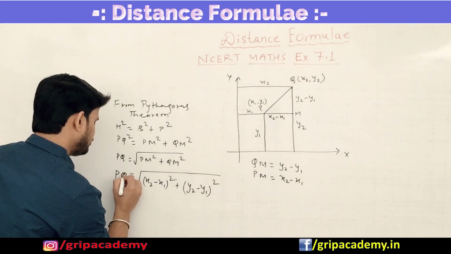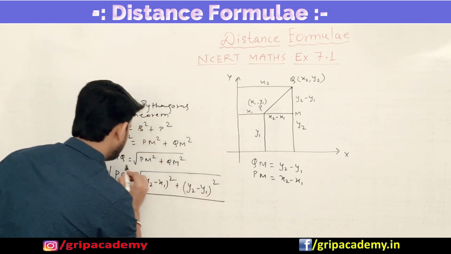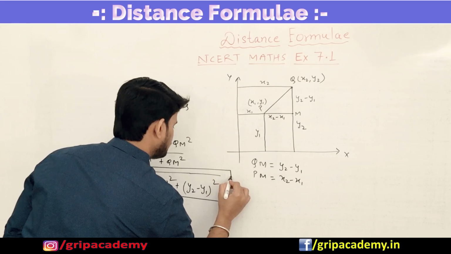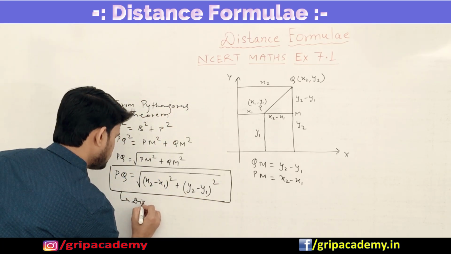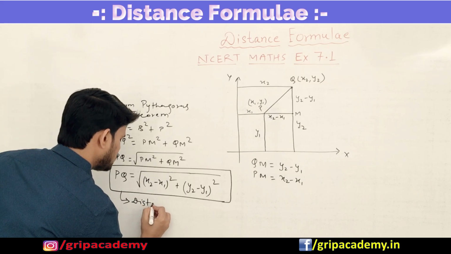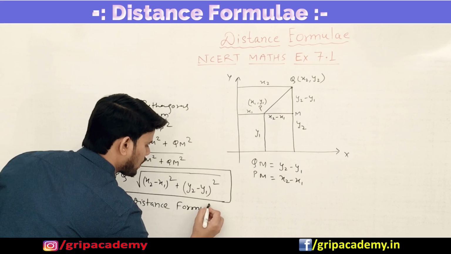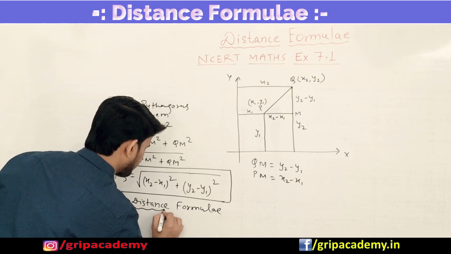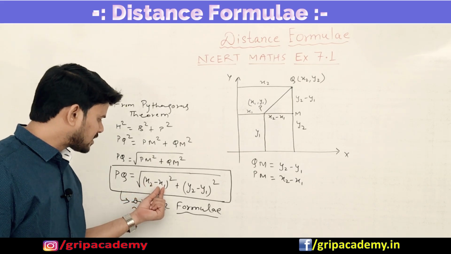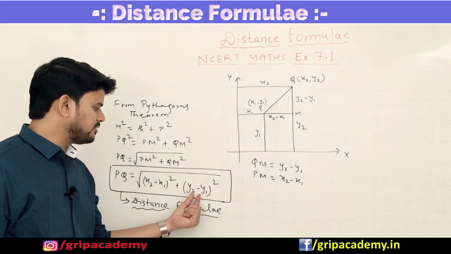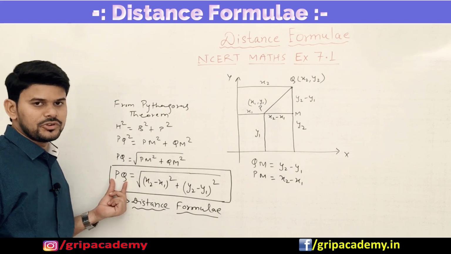This is nothing but your PQ, and this formula only is called the distance formula. So if we know x1, x2, y1, y2, then we can find the distance between the two given points.